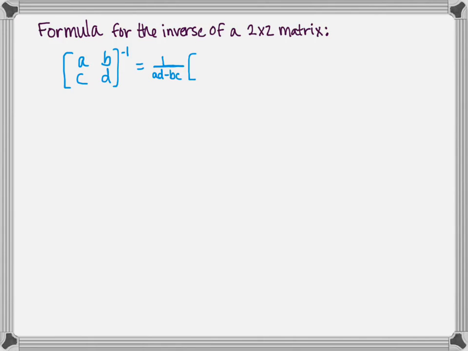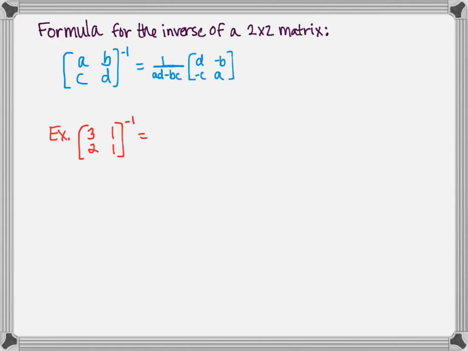And then in the matrix, swapping A and D and taking the opposite of C to get negative C, and the opposite of B to get negative B. So that we're doing 1 over AD minus BC times the matrix D, negative B, negative C, A.